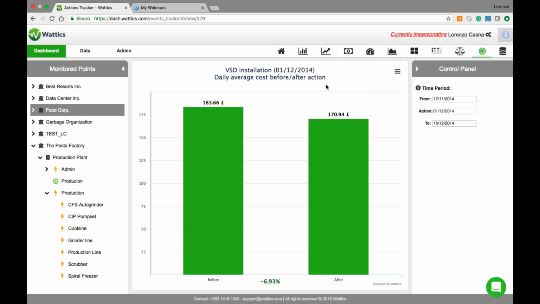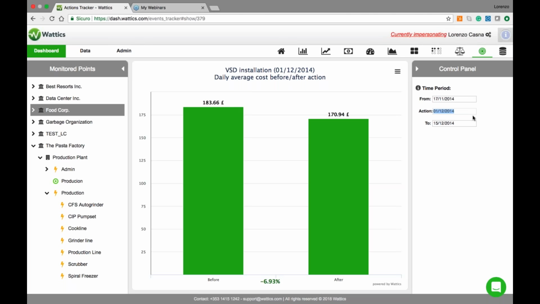So what it does is it picks the date that we provided on which we implemented the action, and it calculates the energy consumption before and after the implementation of that action. It's 15 days before and 15 days after.